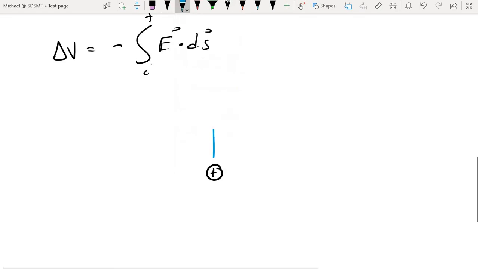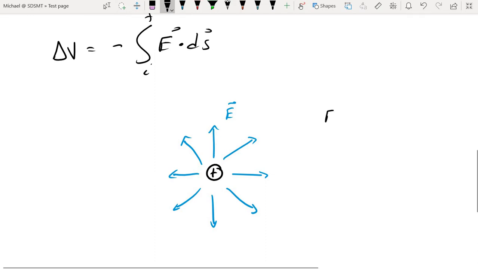We know that for a positive charge, we will have electric field lines pointing out in all directions, and every point in space that is a distance of r will see the same magnitude of kq over r squared. So we already know what the electric field is. Now we want to find out what is the electric potential at a given point in space.